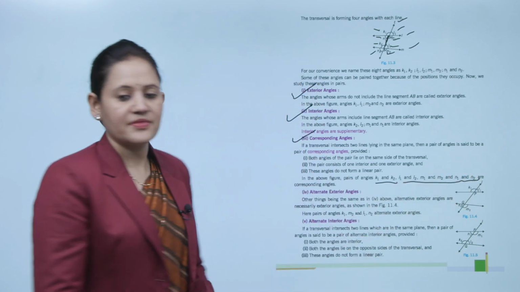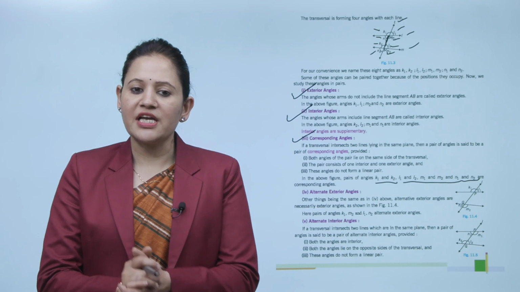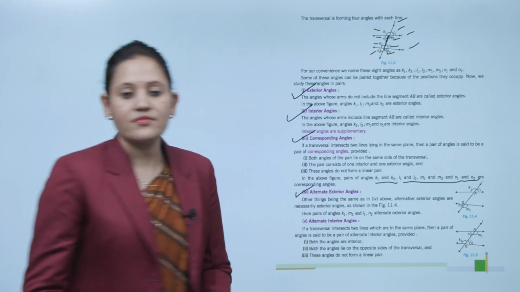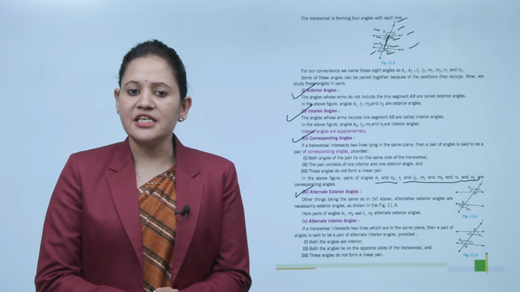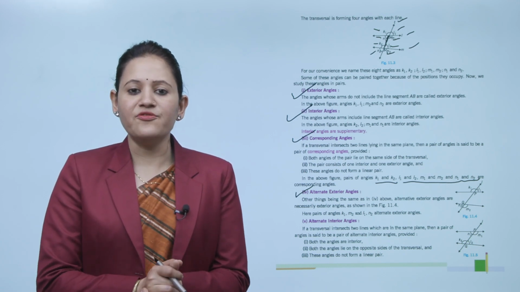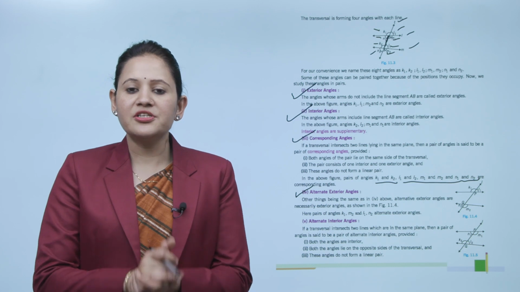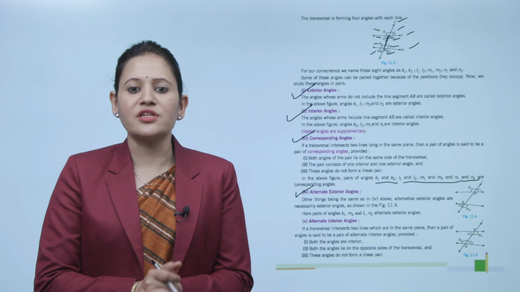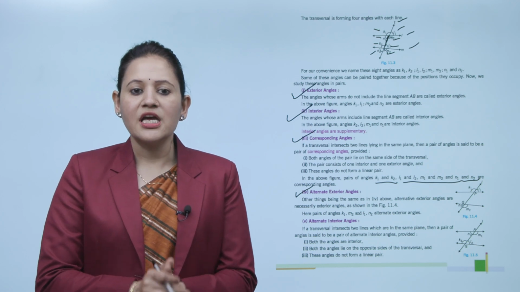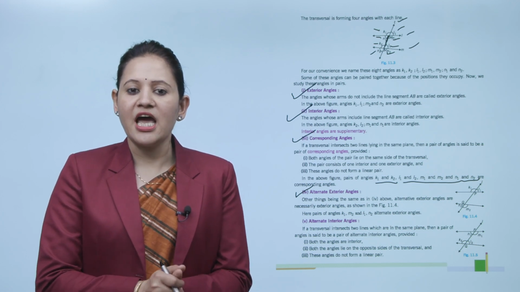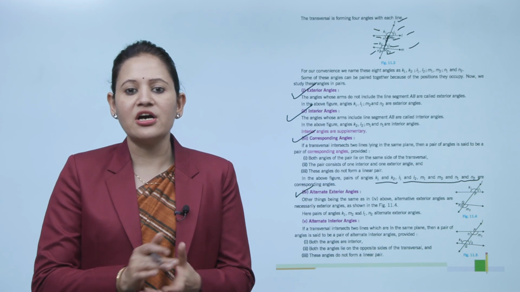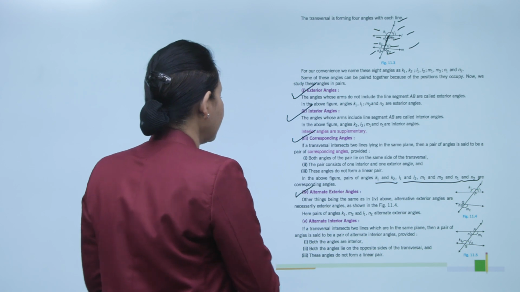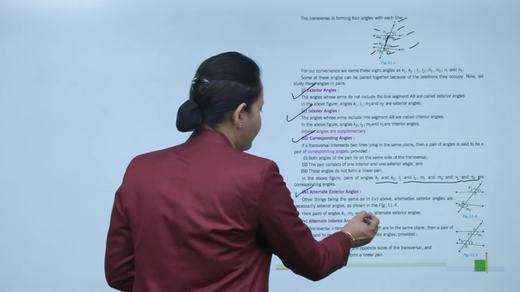Next is alternate exterior angles. Other things being the same as in the figure above, alternate exterior angles are necessarily exterior angles, as shown in figure 11.4. Here the pairs of angles K1, M2 and L1, N2 are alternate exterior angles.